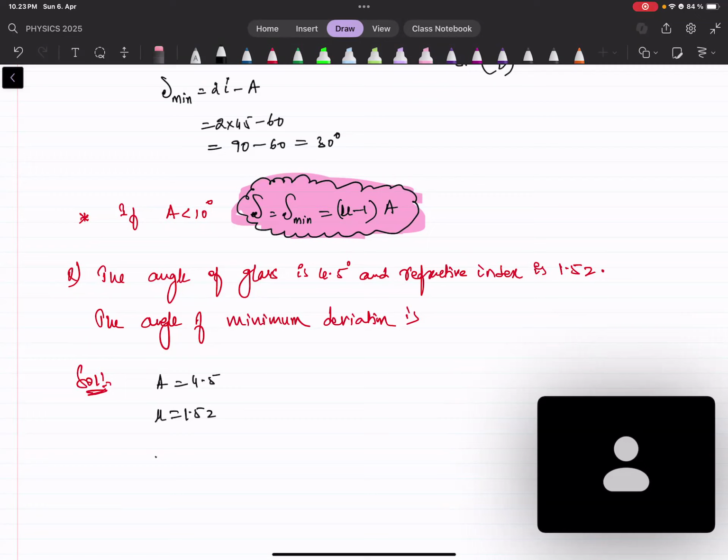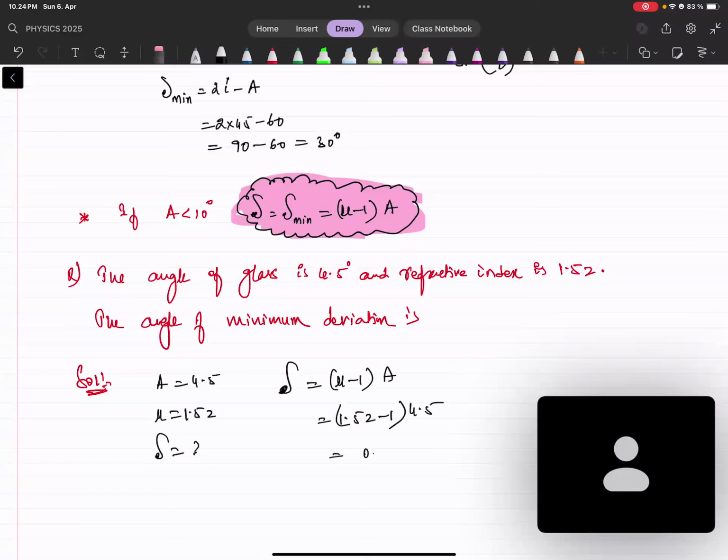It is asking the deviation, delta equals how much? As it is lesser than 10 degrees, I can use the deviation formula. Delta is equal to mu minus 1 into A, 1.52 minus 1 into 4.5.